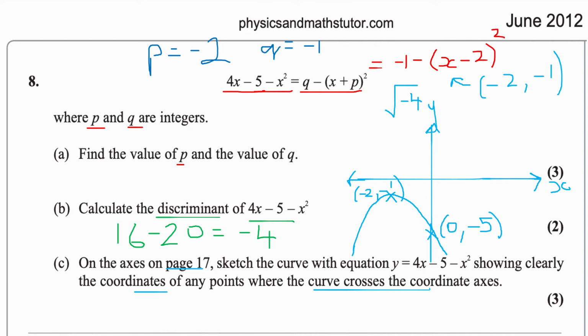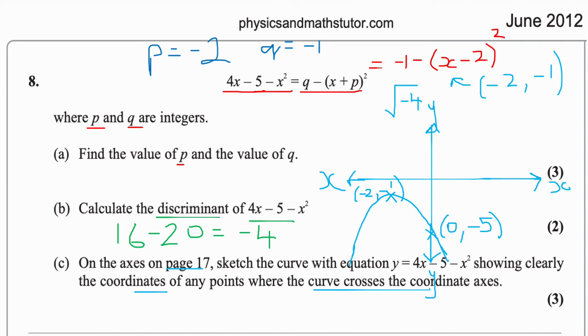Because from part B we found out that the discriminant was equal to -4, and I can't take the square root of -4, therefore it doesn't have any distinct real solutions. However, it doesn't mean that the graph can't be sketched or plotted. So this is a rough sketch of the quadratic equation.